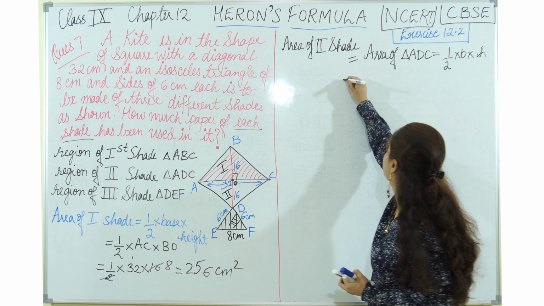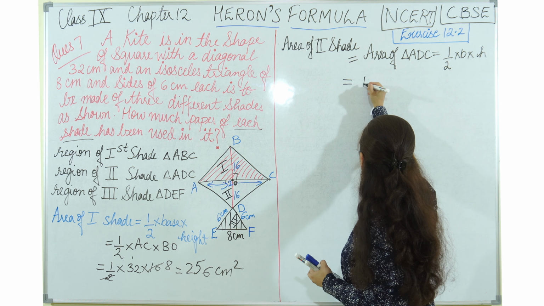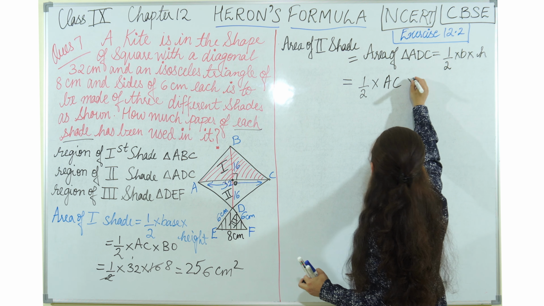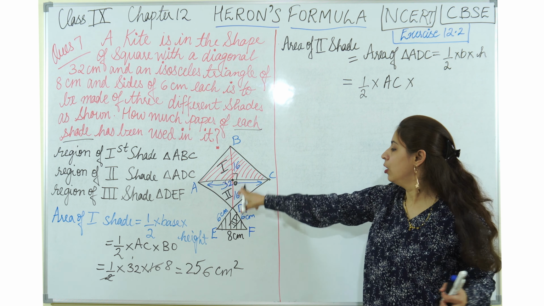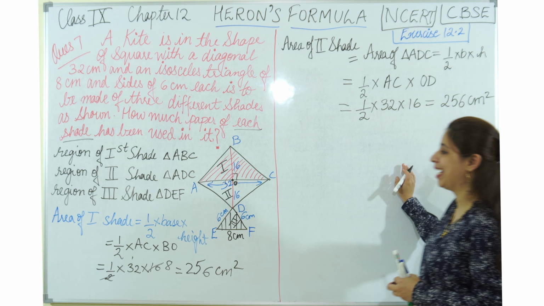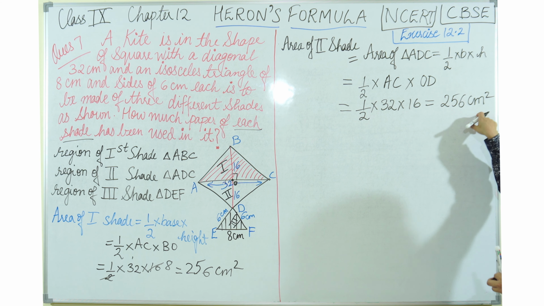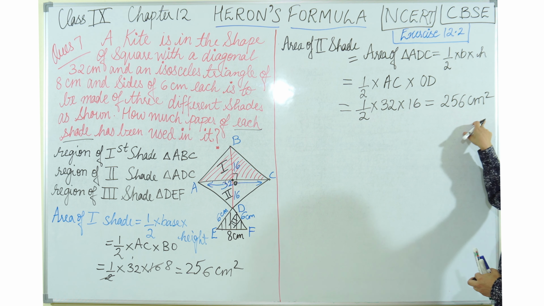So again it will be half, base is again AC, and height will be OD. Again the same values, 16 and 32, I'll be putting, and I'll be getting again 256 centimeter square. So for the second shade, I'll be getting 256 centimeter square as my answer.